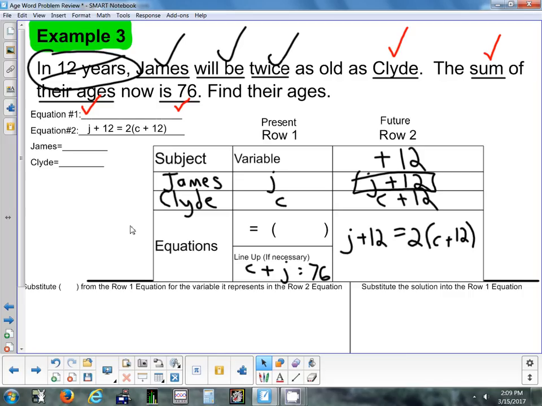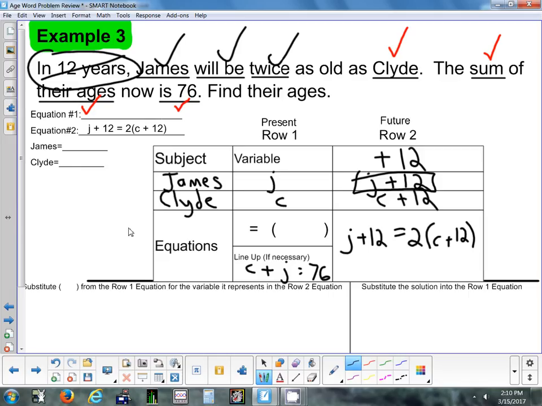Because J is in 5. Or, yeah, because it's in 5. Yeah, I got C and J on the same side. Like when we did substitution last week, right? We might have had x minus 2y equals 5, right? I couldn't substitute because neither of the variables was isolated. Okay? Same thing here. I have neither variable isolated.